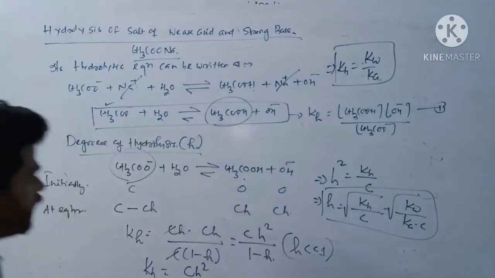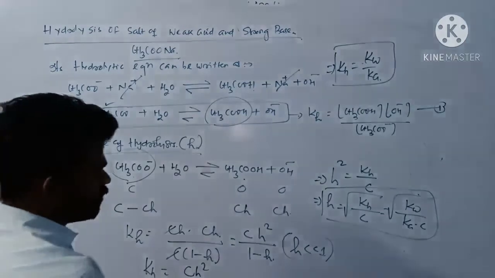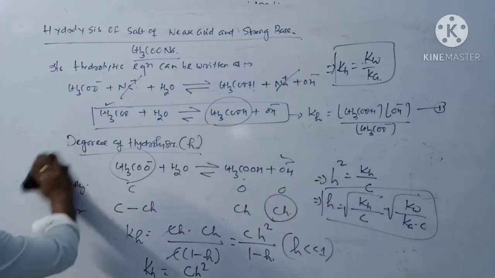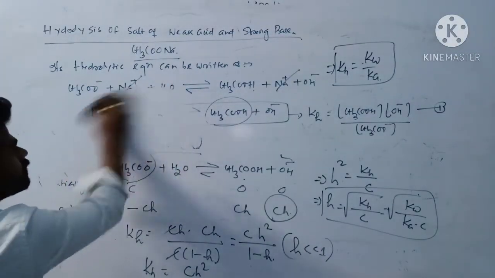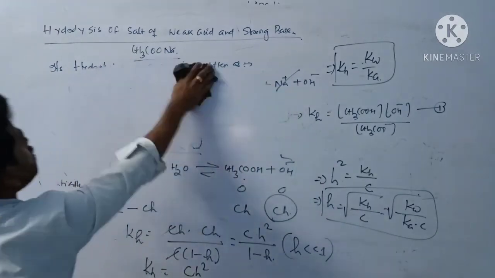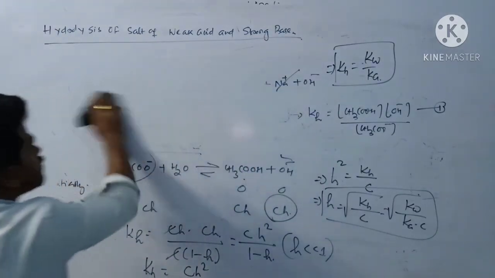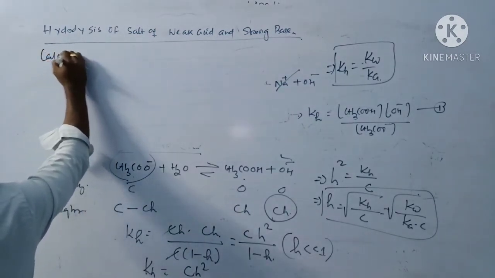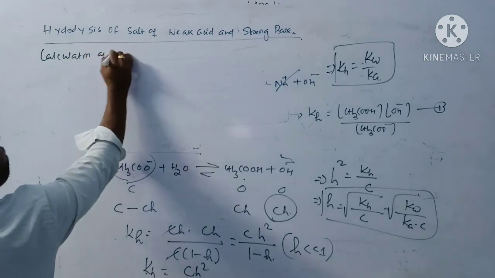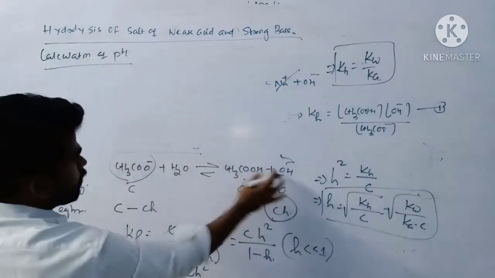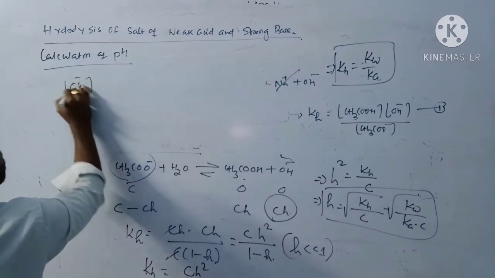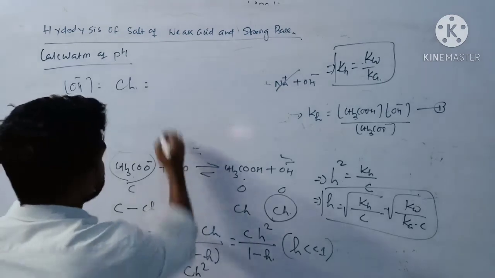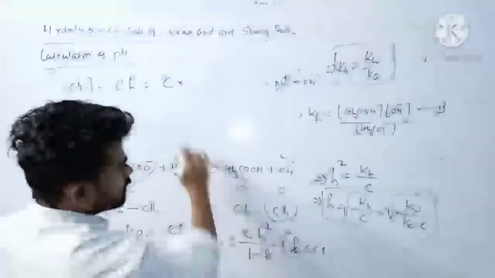So now you can calculate the pH also. What is the concentration of OH minus? Ch. Just remember this much. That is the calculation of pH, which can be derived from this expression. Calculation of pH. Now what is the concentration of OH minus ion? You tell me. That is equal to Ch. So that is equal to C into, what is the value of h?